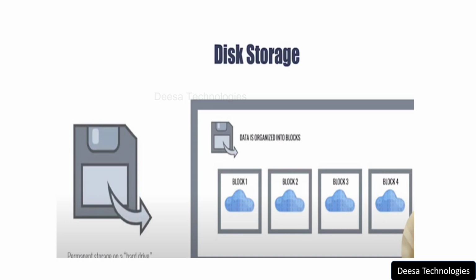When it goes into block 1 and retrieves data only from block 1, it means that it is not touching block 2, block 3 or block 4. So it is not scanning the entire disk. Rather, it is only fetching the data from a particular part of the disk, which is in this case block 1. This will improve the performance. And this is something that is important to understand.